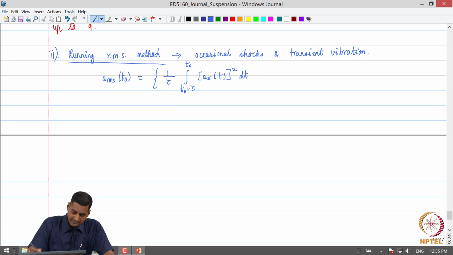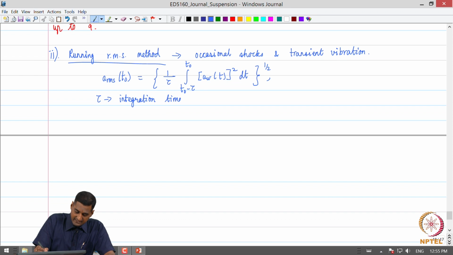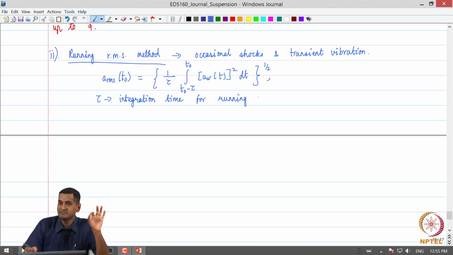AW is once again the weighted acceleration, right, frequency weighted acceleration, but here the parameter tau is nothing but what is called the integration time for running averaging. So, what we do is we select an instant t naught, and then we evaluate this measure in a small range t naught minus tau to t naught. So, that is why it is called a running average. So, the time window keeps on shifting, right.